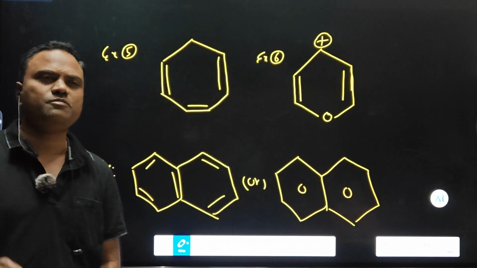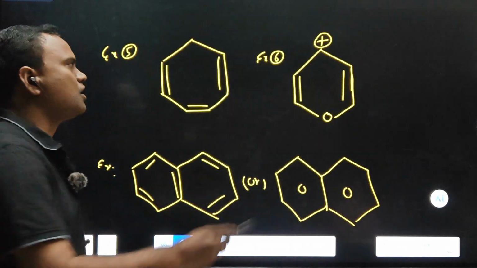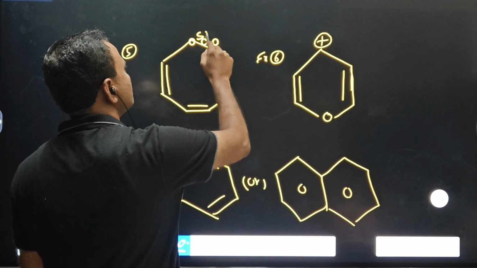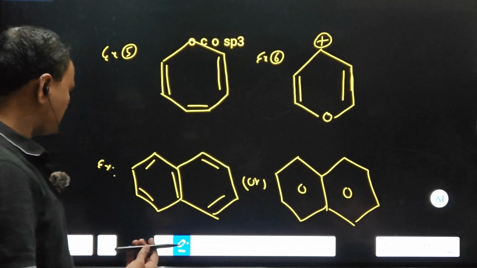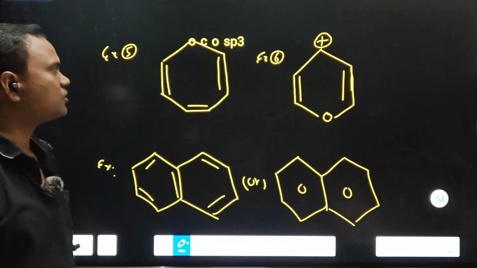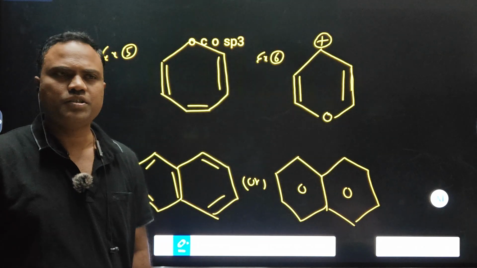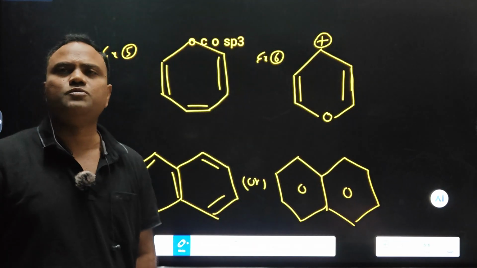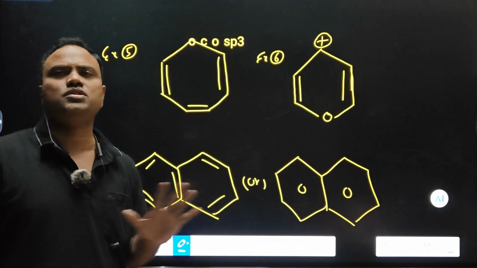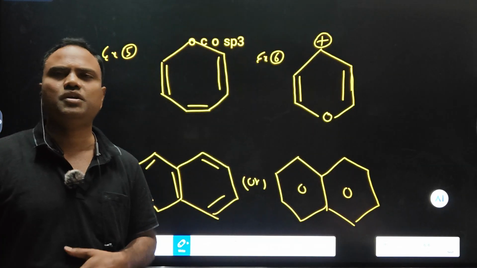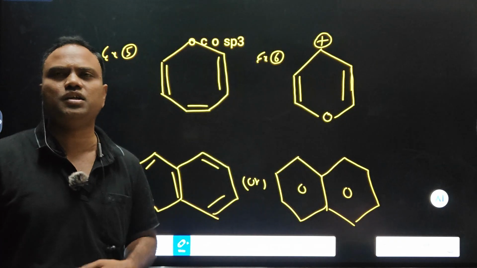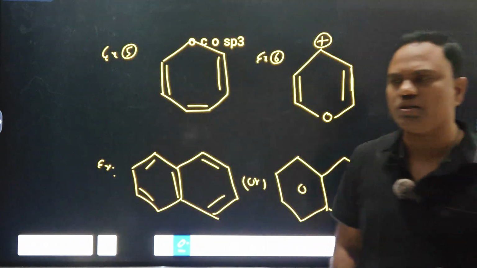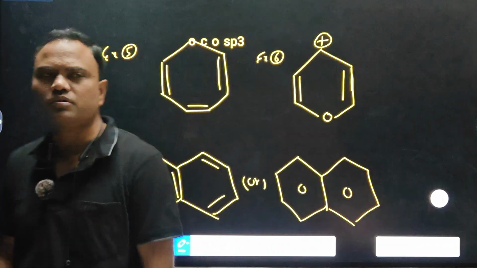If sp3 carbon is present, undoubtedly that is non-aromatic. How to find sp3 carbon? If you observe sp3 carbon, don't check any rule. Don't do any procedure. Say directly that is non-aromatic. What is the condition for non-aromatic? Presence of at least one sp3 carbon, non-aromatic.